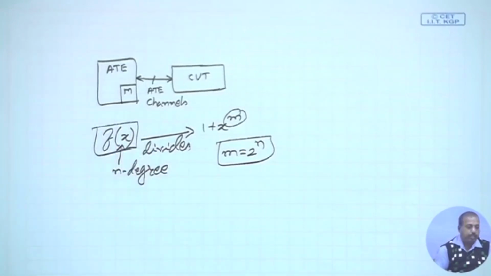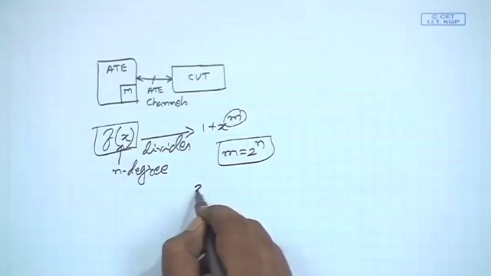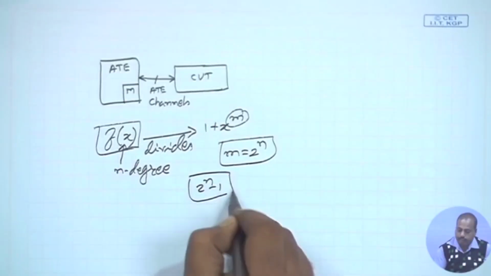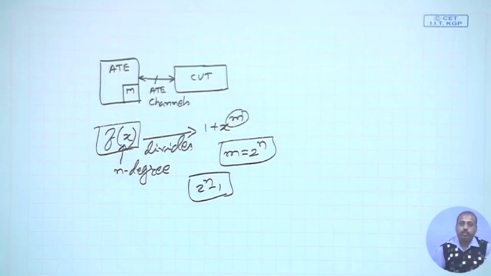A primitive polynomial has the property that it will repeat the patterns only after generating all 2 to the power n minus 1 patterns. The all 0 pattern it will not generate, but excepting all 0 it will generate all the patterns.